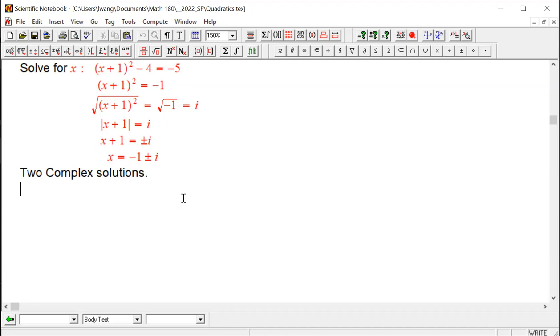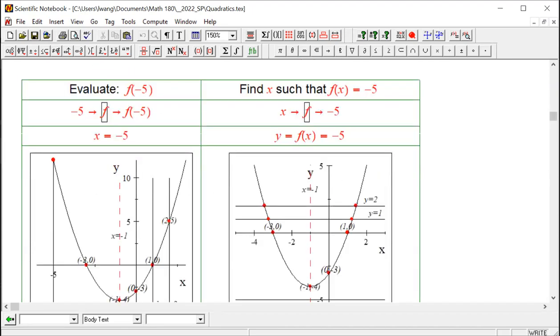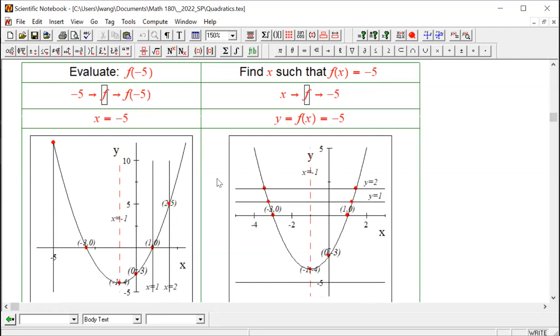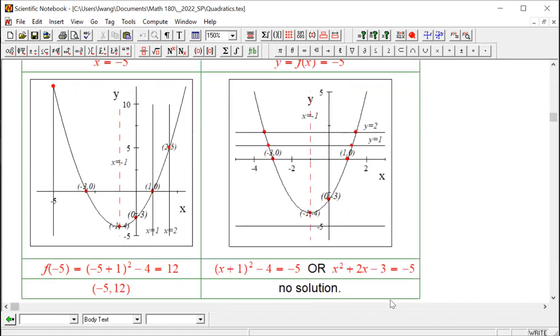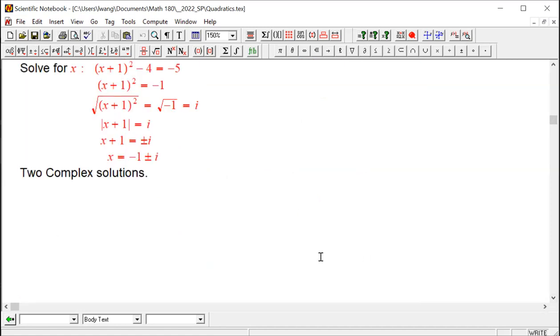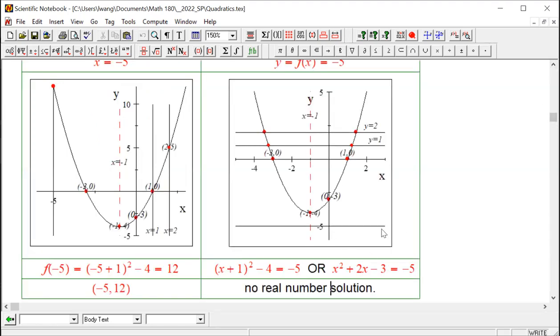This also tells us, in the real number discussion, this graph is all about real numbers. There are no real number solutions. That means the curve does not touch the horizontal line we drew. So all of these correspond to each other.